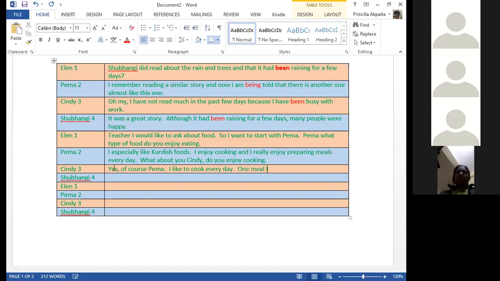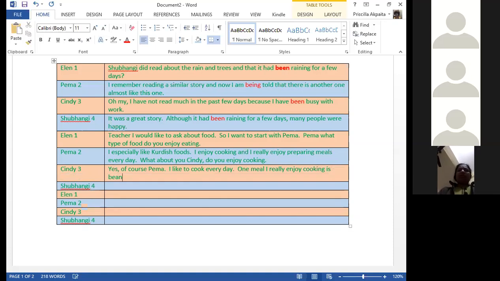One meal I really enjoy cooking is, what is one meal you really enjoy cooking? Beans with bacon. Beans with bacon? Yes.